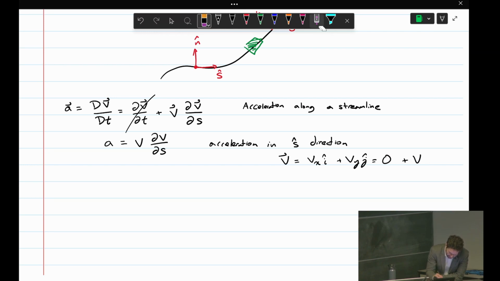I'm going to write those in red just to be clear. So we've defined our coordinate system in an extremely convenient way, so that we only have velocity along one direction of our coordinate system. Are there any questions about this coordinate system here?